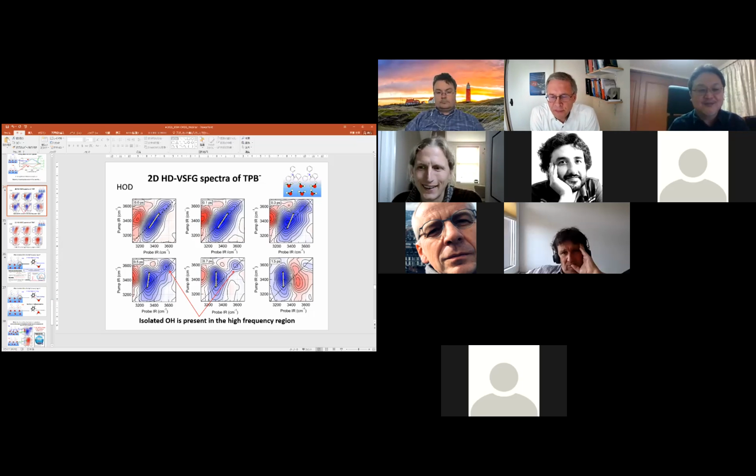I was just thinking that in this experiment, can you simply look at the anisotropy by titrating the polarization of your heterodyne beam? Because then you can interfere with either of the polarizations of your signal.